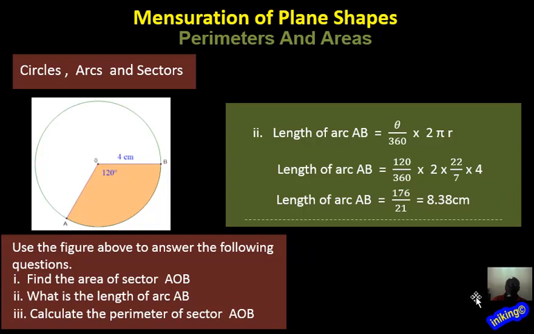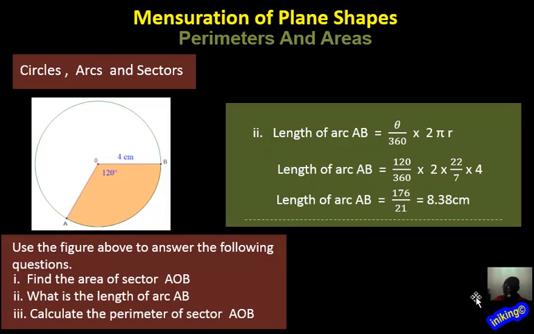Computing this, theta over 360 times 2 pi r, and then we substitute the values and obtain the length of the arc as 8.38 centimeters.